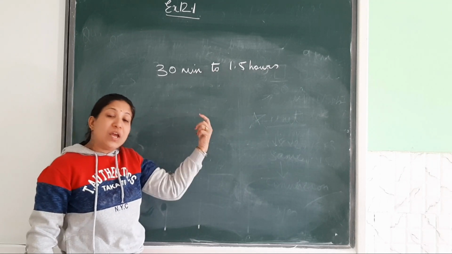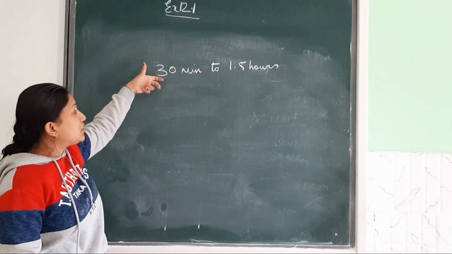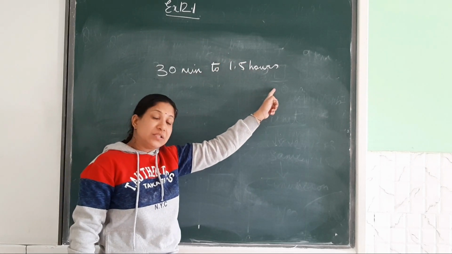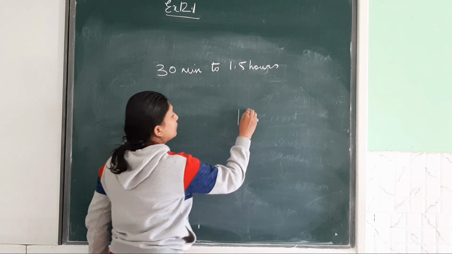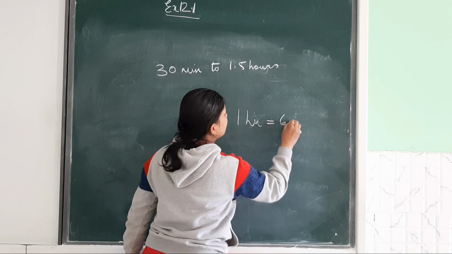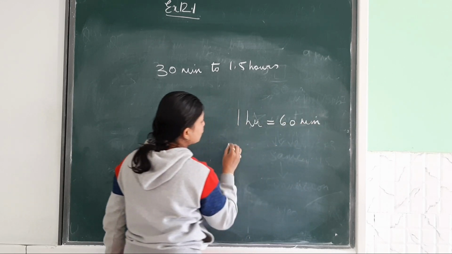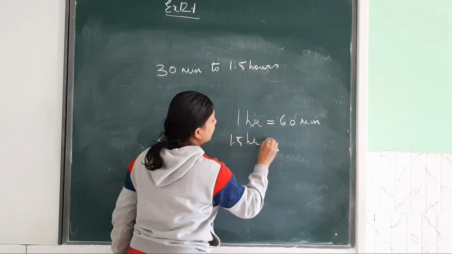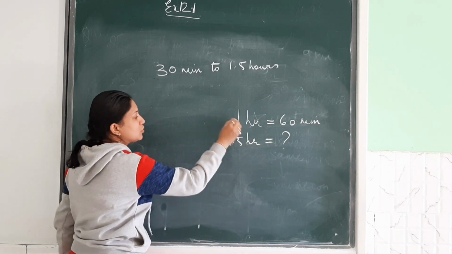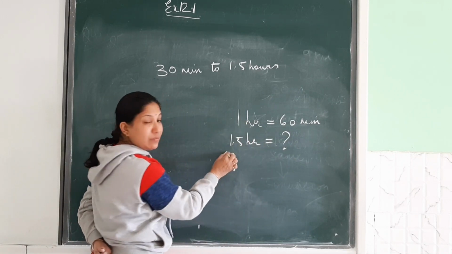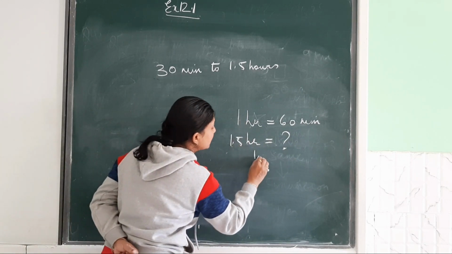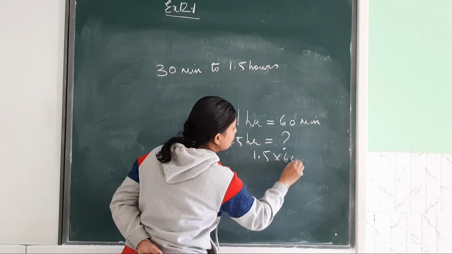You have to change the unit. Divide this by 60 or multiply this by 60. Yes? What do you have? 1 hour means 60 minutes. So, 1.5 hours is equal to how many? So, 1.5 into 60.